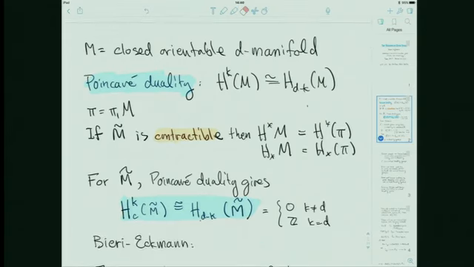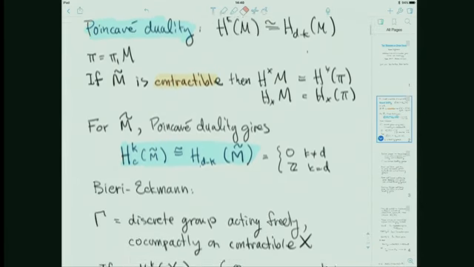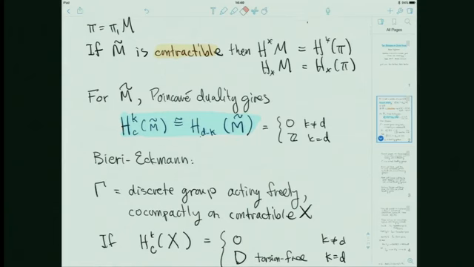Okay. So Bieri and Eckmann generalized this whole picture. Our group pi acts on its universal cover by deck transformations.